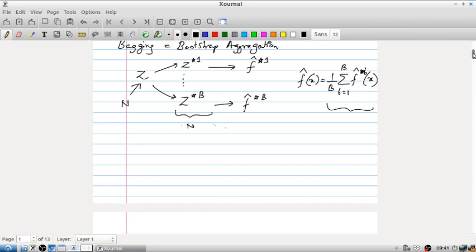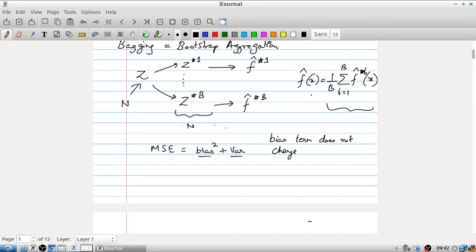Specifically, what happens is with this type of averaging, the bias term doesn't change. Let me just write it down. If you remember, mean square error is equal to bias square plus variance, and these are for the model f hat.